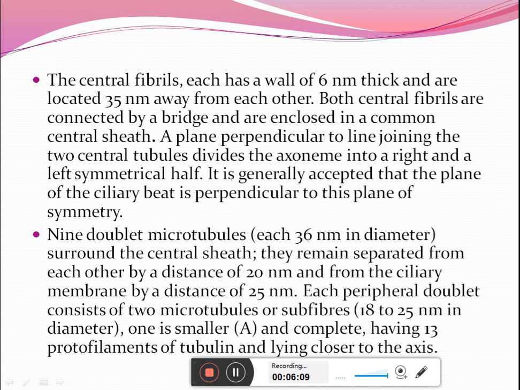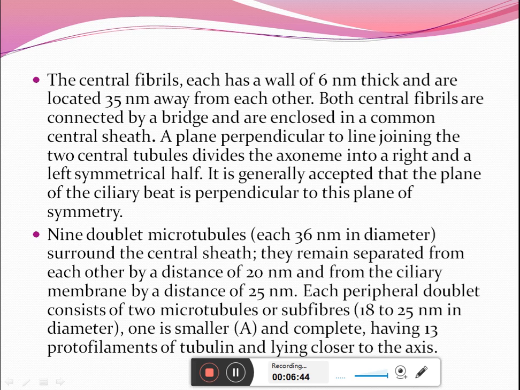A plane perpendicular to the line joining the two central tubules divides the axoneme into right and left symmetrical halves. It is generally accepted that the plane of the ciliary beat is perpendicular to this plane of symmetry. Nine doublet microtubules, each 36 nanometers in diameter, surround the central sheath. They remain separated from each other by a distance of 20 nanometers and from the ciliary membrane by a distance of 25 nanometers.